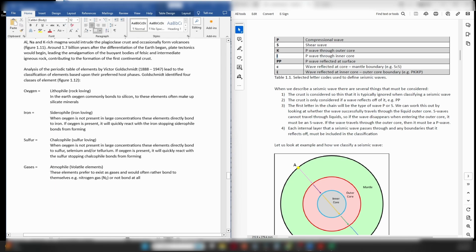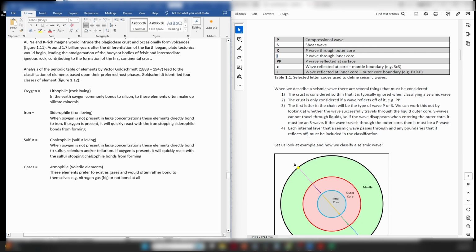In the case of the lithophile elements, they really like to bond with oxygen. And so they're often referred to as the rock-loving elements because think about what rocks are made from on Earth. Silicates, SiO2, there's oxygen there. So a lot of these elements will be found in minerals in rocks.